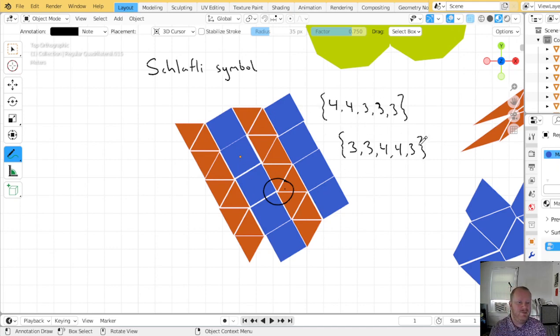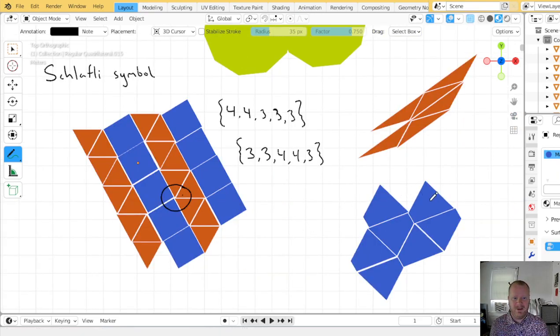You may be asked to, at some point, interchange between two different Schlafli symbols, but you can think about this as being like you're kind of in a row. You have these numbers in order, but you can always take the first one and put it back here, and you can continue that process to get that 4, 4, 3, 3, 3. Okay, so that's the Schlafli symbol.